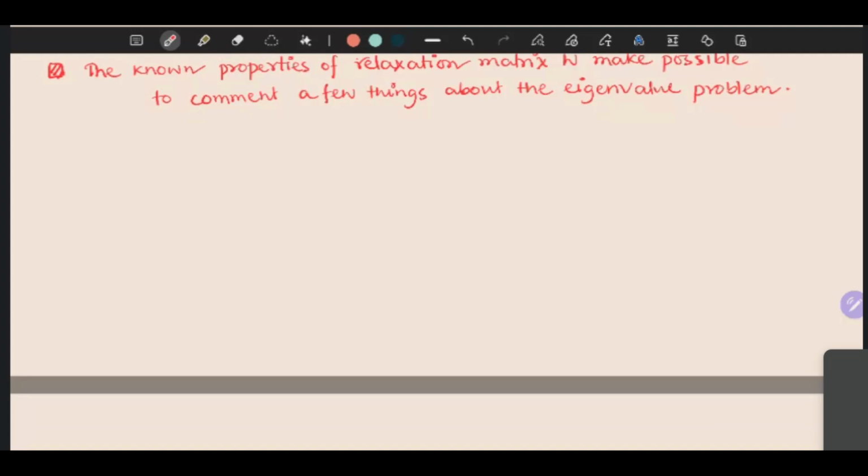The sum of all elements of W is equal to 0. Why? Because we know that one element will be like W of kj, the transition rate, and W of kj is equal to minus W of jk.